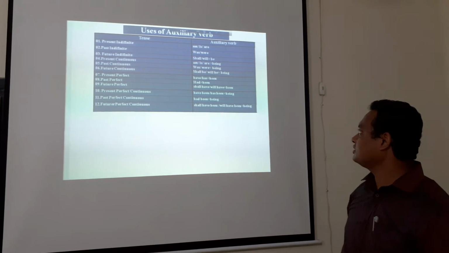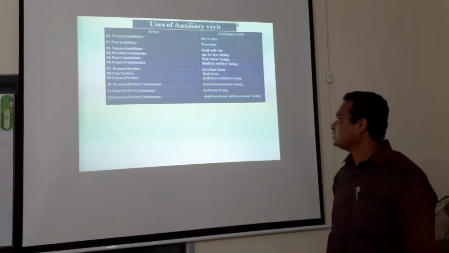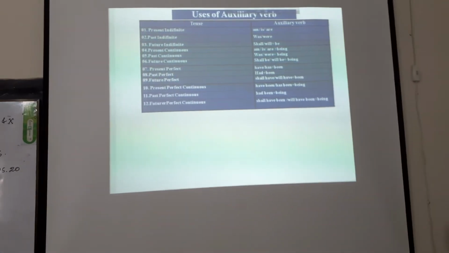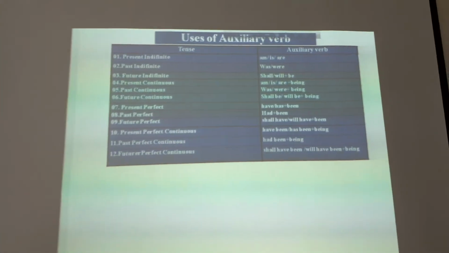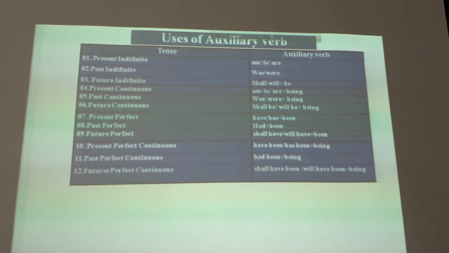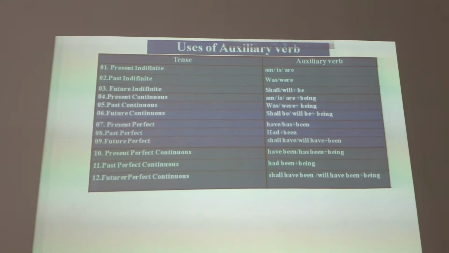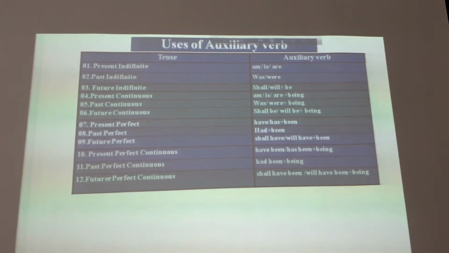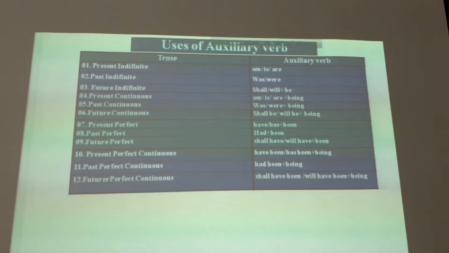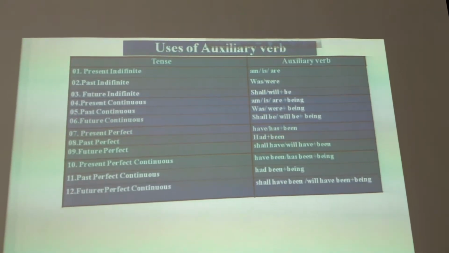Past indefinite, was, were. Future indefinite, shall be, will be. Present continuous, am being, is being, are being. Past continuous, was being, were being. Future continuous, shall be being, will be being.